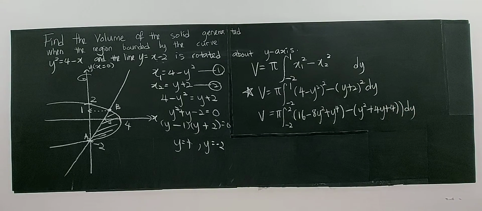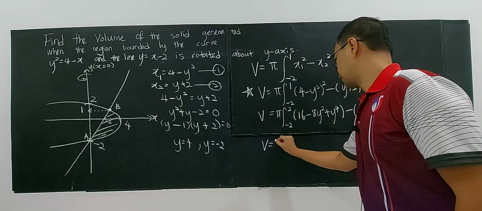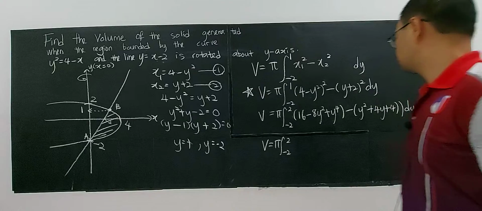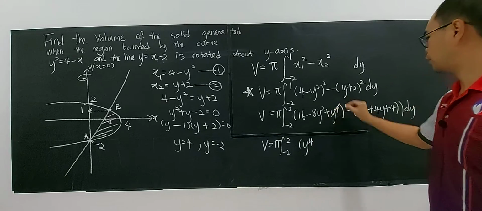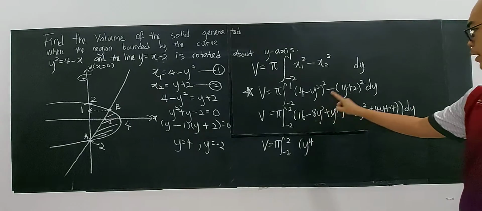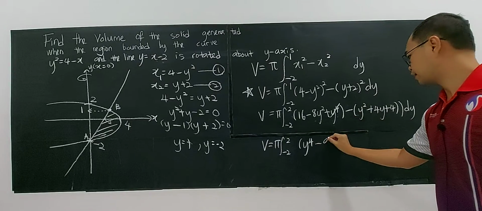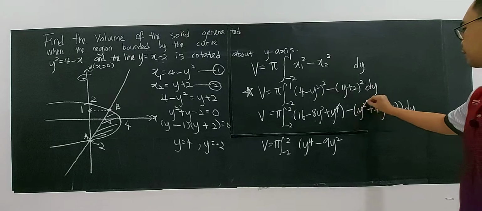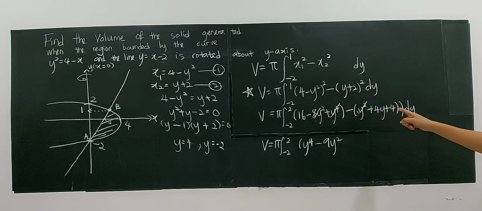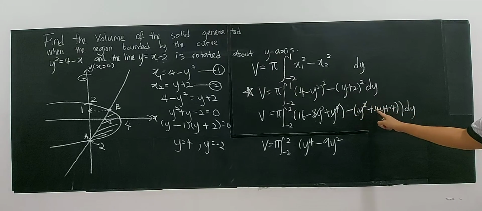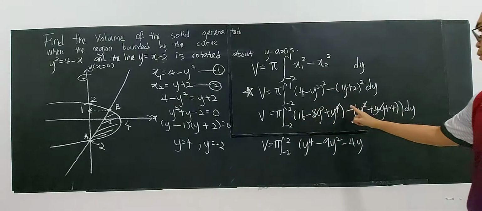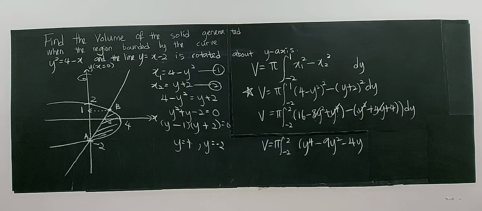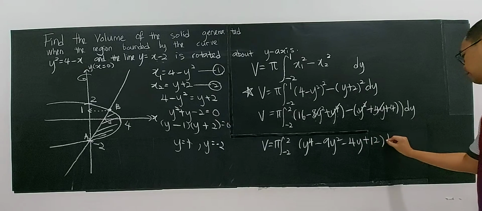Rearrange, and we're getting pi, integral of y to the power 4, followed by negative 8y squared minus y squared, you have negative 9y squared, then negative 4y, and 16 minus 4, you have positive 12, dy.